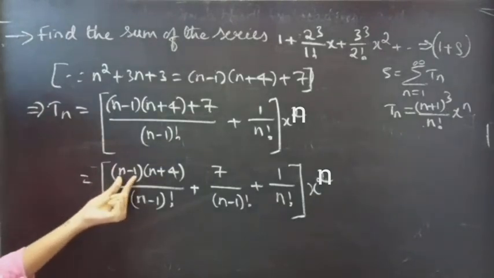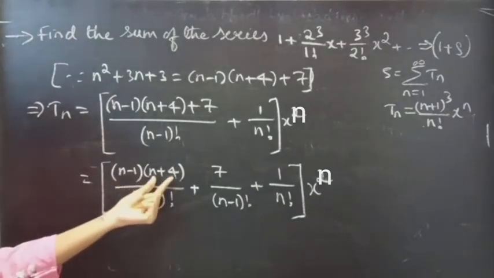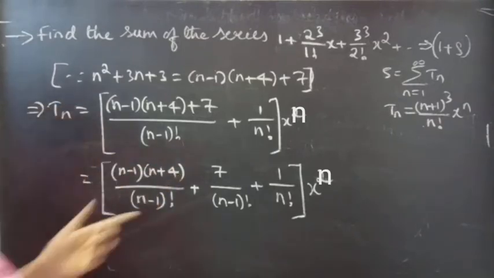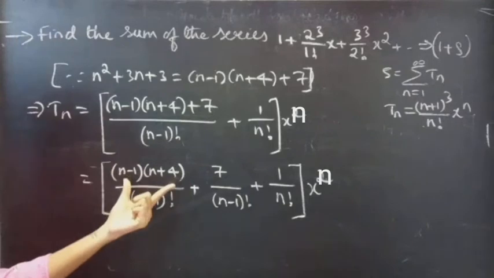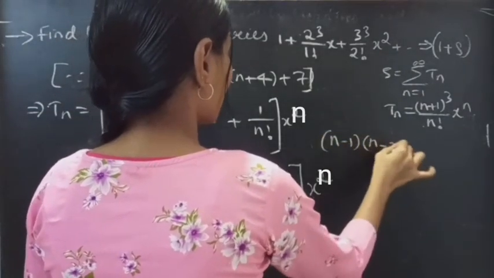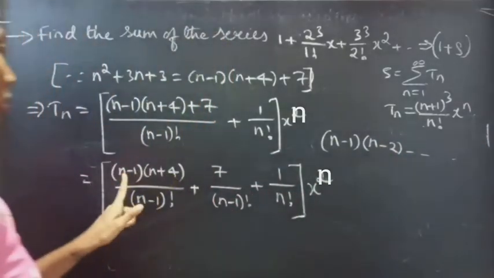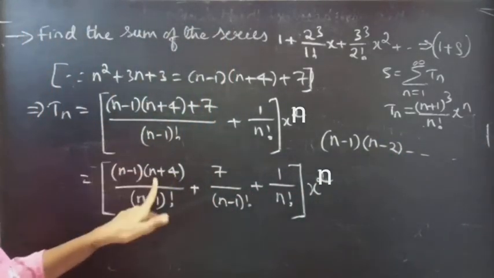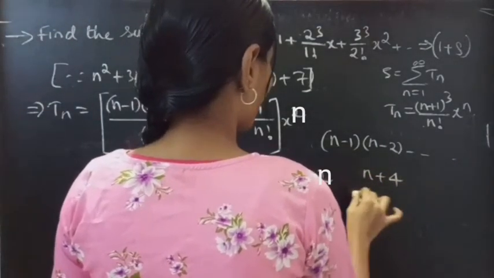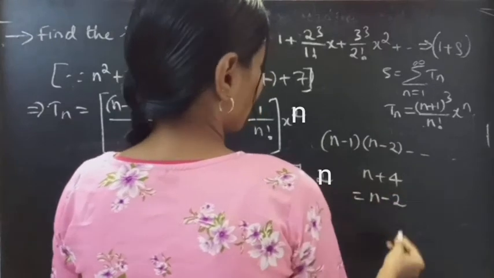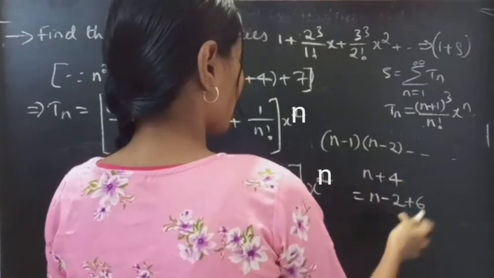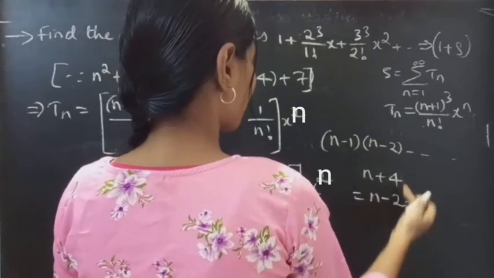You're having n minus 1 here. We'll change this n plus 4 in terms of n minus 2. Simply, we need to change the numerator in terms of n minus 1, n minus 2 and so on, right? Since you're having n minus 1 already, we'll change this n plus 4 in terms of n minus 2. Minus 2 plus 6 is 4.